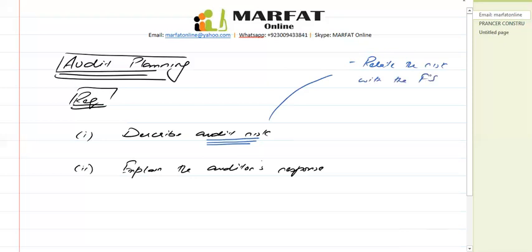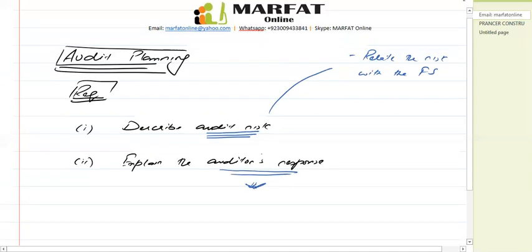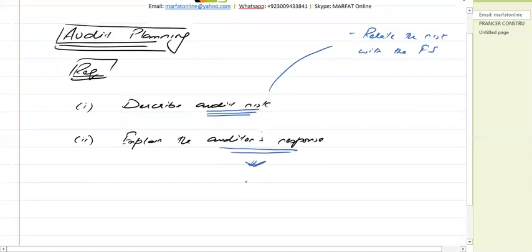The other mistake the students make is that they write business risks. I'll give you an example: if you are not relating a risk with the financial statements, it is going to become a business risk. And when you explain the auditor's response, remember one thing. I am telling you this to help you overcome this area which students consider difficult. The auditor's response is simply an audit procedure, and hopefully you know what an audit procedure is.